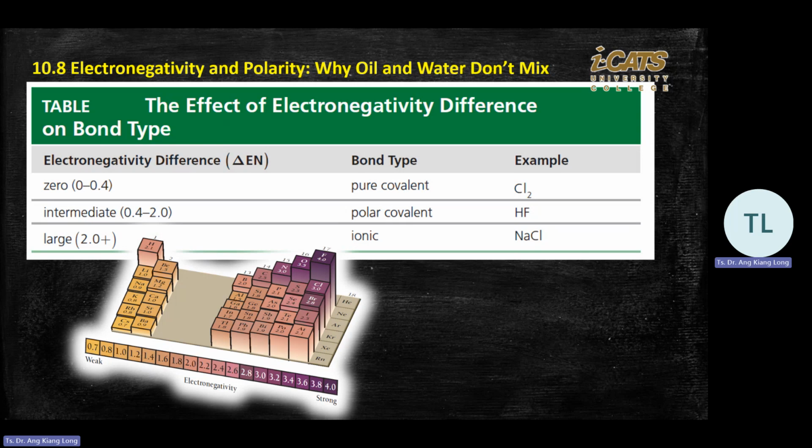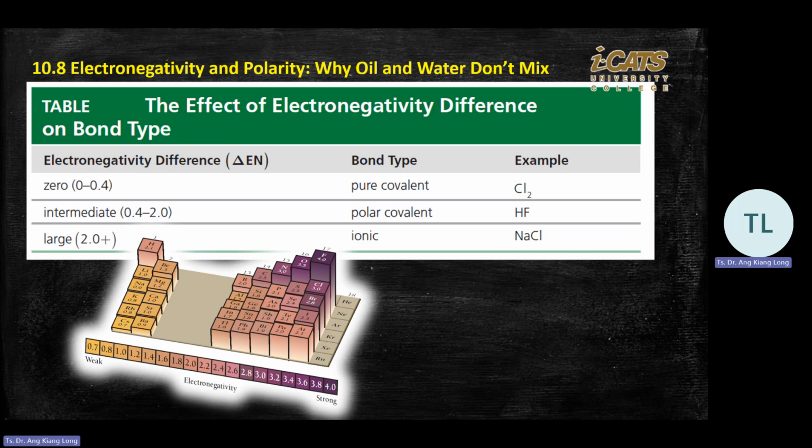You need to memorize this, and the electronegativity table or periodic table will be given. Based on it, you know which type of bond is being formed. Only 3 types: pure covalent, polar covalent, or ionic. 3 types only, based on the difference of the numbers.